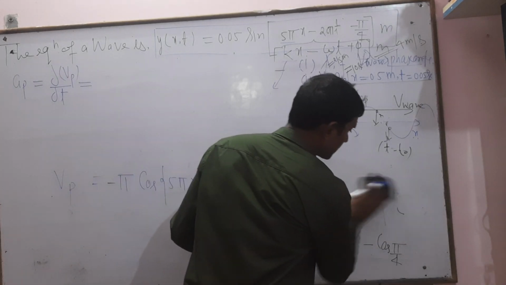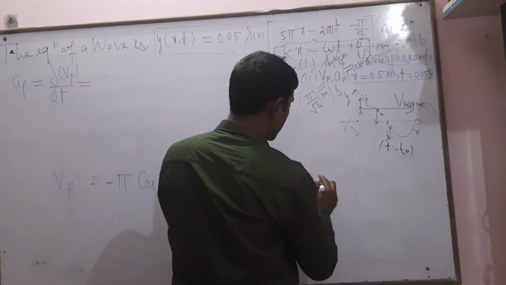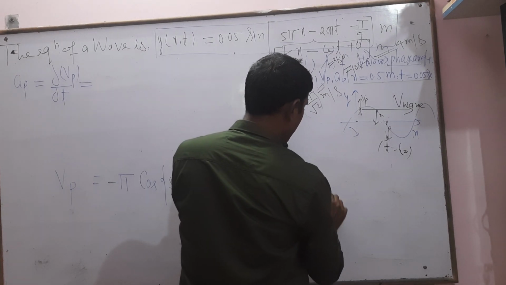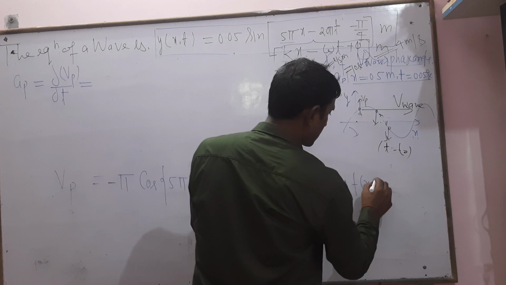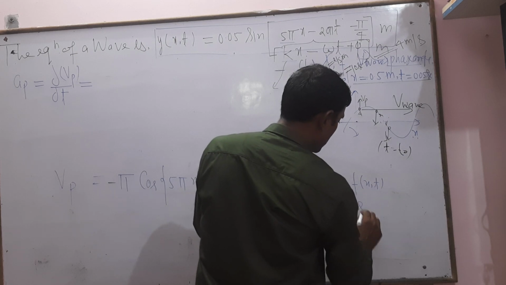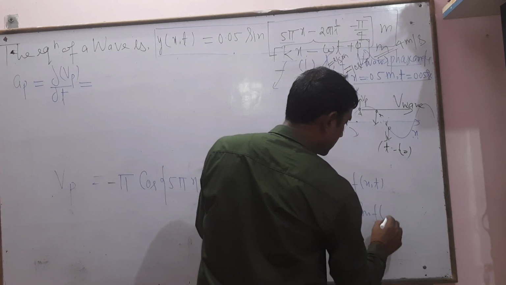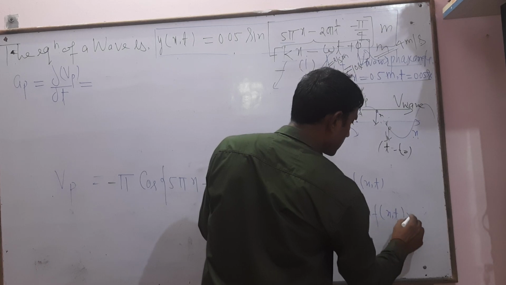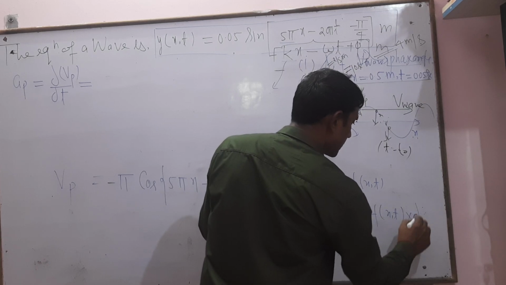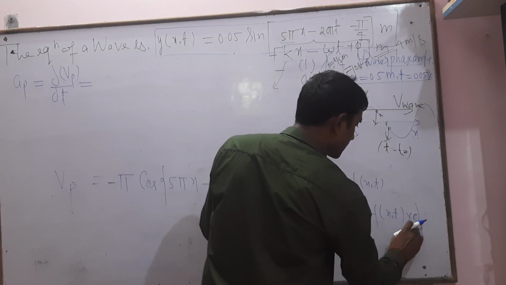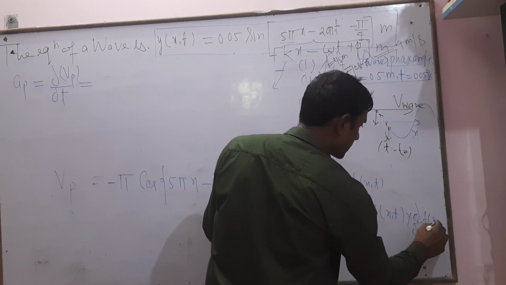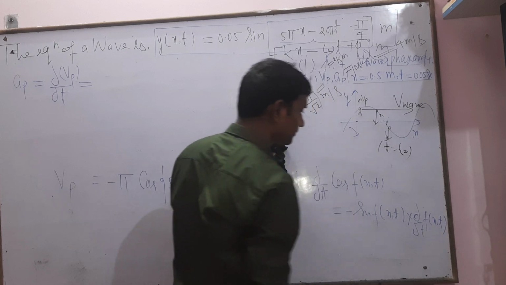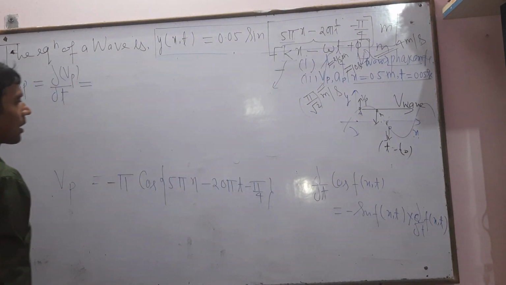So ∂/∂t of cos(f(x,t)) equals minus sin(f(x,t)) into ∂/∂t of f(x,t).